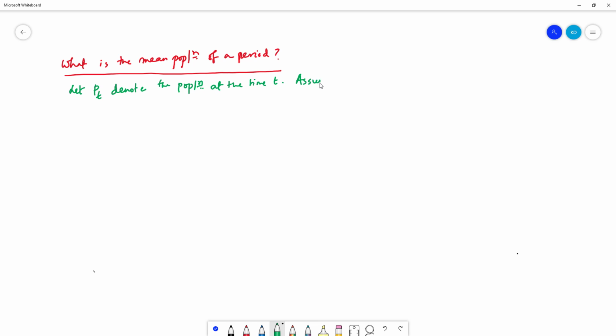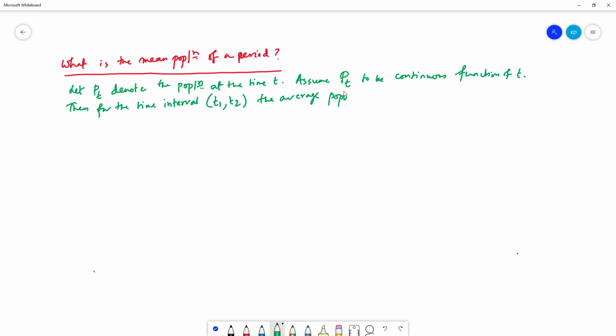Assume capital P(t) to be a continuous function of t, then for the time interval t1 to t2, the average population will be the integral of P(t) dt from t1 to t2, divided by the length of time.